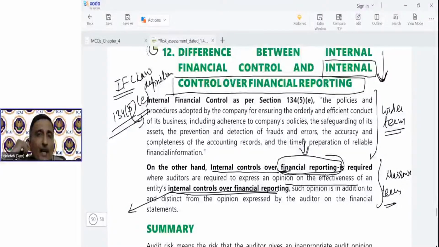Now Himanshu is saying that where it is written, control in a manual system may include such procedures like approvals and review of transactions, and alternatively it may include automated procedures.